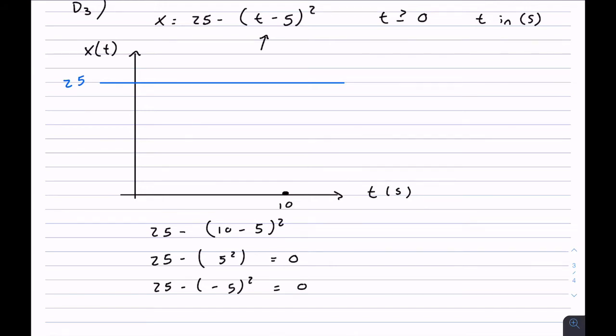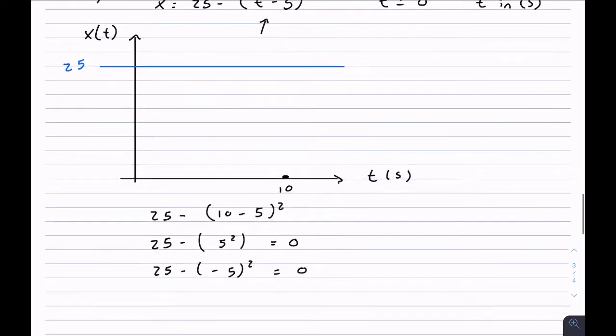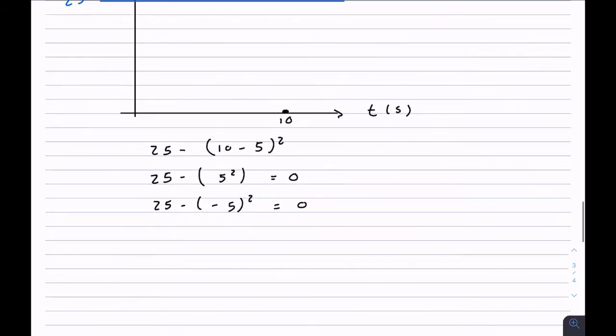At t is equal to infinity, if we're taking limits, why not? Let's try it out. Let's take t is equal to infinity, 25 minus infinity minus 5 squared, by the way. Well, that's just going to be negative infinity, right? So we got the limit as t goes to infinity here.